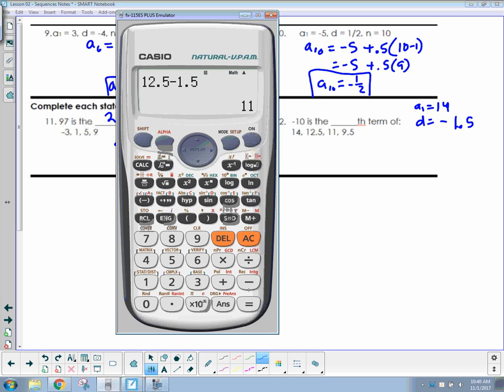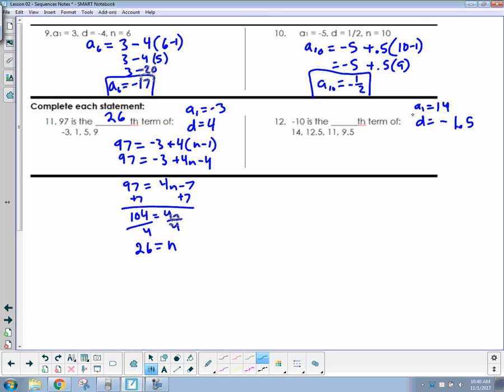We know what the value is, so we're just going to plug it all in. Negative 10 equals first term, 14, minus 1.5 times n minus 1. Again, we're looking for n. So distribute. This will be plus 1.5. So combine like terms. Let's see, we're adding 15.5 there. Subtract 15.5. Draw your line.